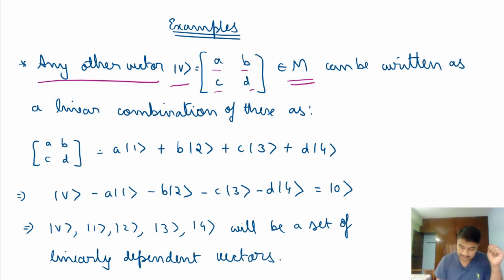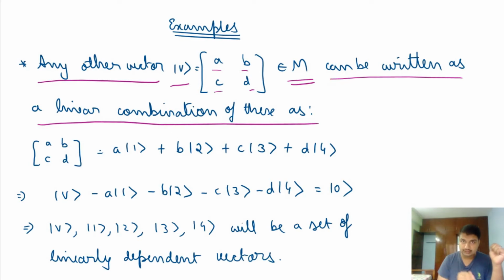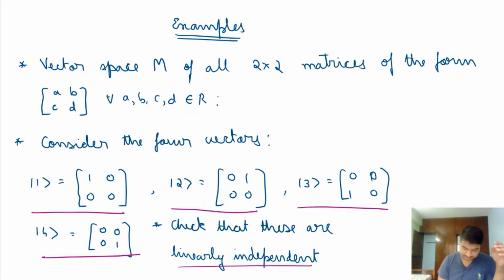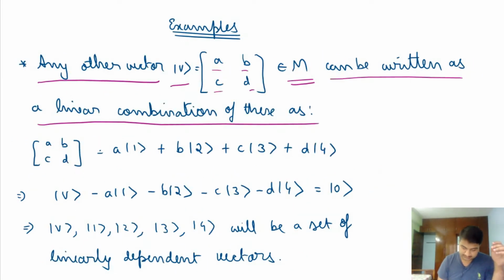And if we observe, this vector can be written as a linear combination of these vectors which we defined earlier. And how do we write them like that? We write this as a times vector 1, b times vector 2, c times vector 3, d times vector 4.